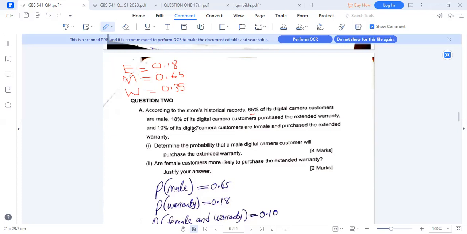That 10% of the digital camera customers are female, and under probability, I was just teaching that and means intersection. So female and extend warranty, these 2 here. The probability that it is a woman and the extended warranty is 10%, which is 0.10. Are we together so far on how I have summarized the data?